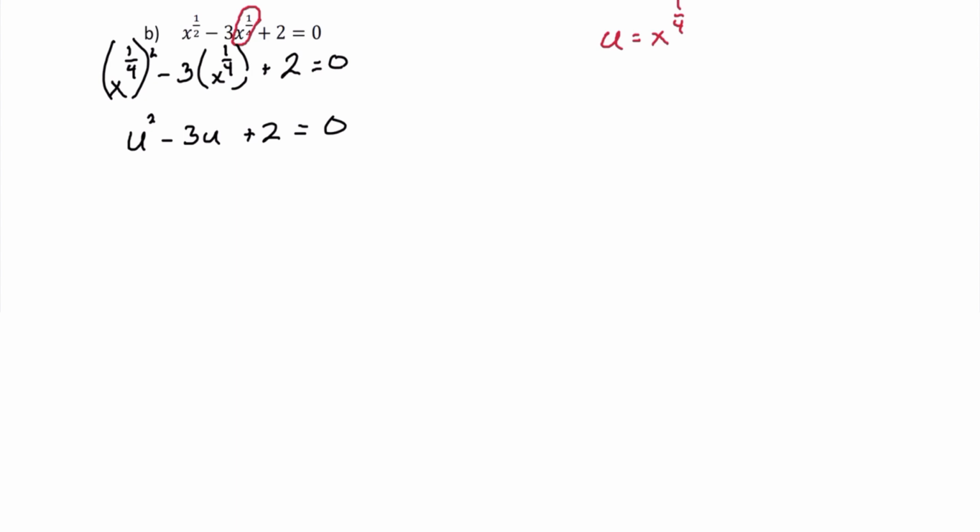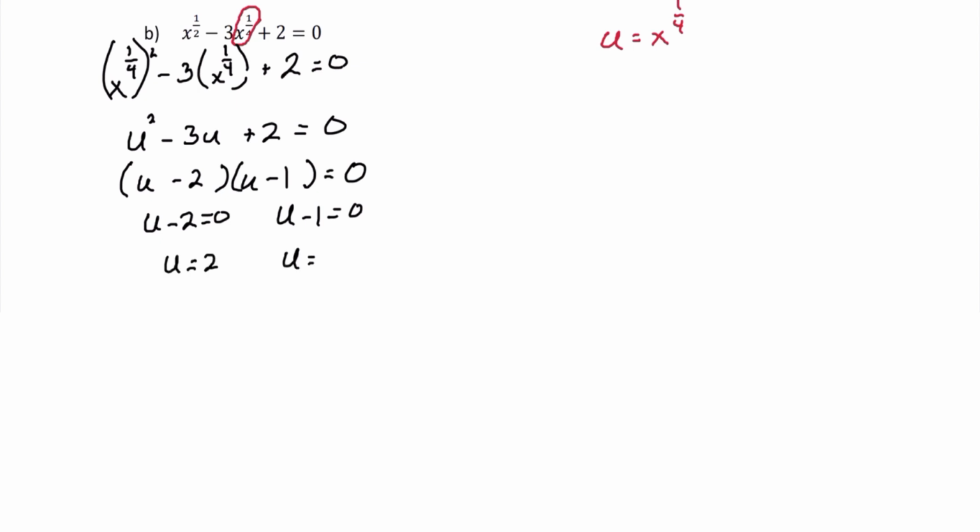From here, we can factor u and u, two numbers that multiply to 2 and add to negative 3, negative 2 and negative 1. From here, set each factor equal to 0. u minus 2 equals 0, u minus 1 equals 0. Solving these, we get u equals 2 and u equals 1. But keep in mind, we want x, we don't want u.